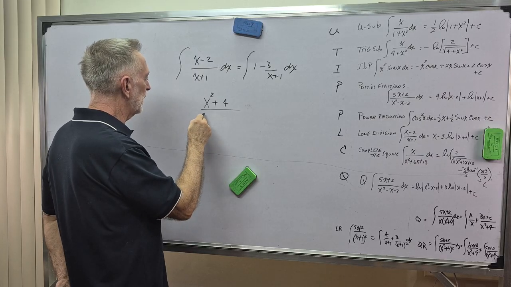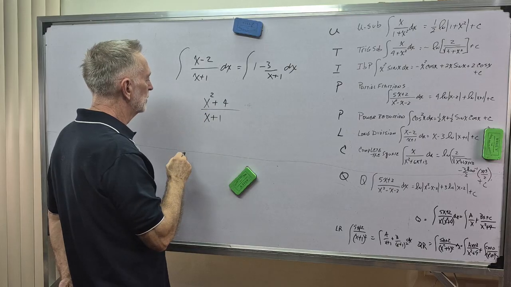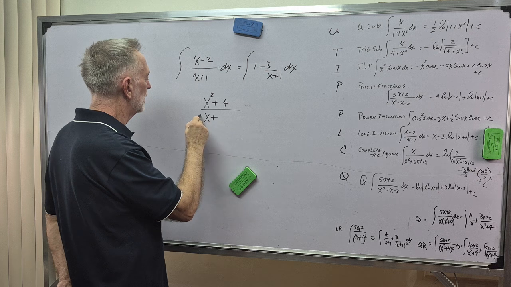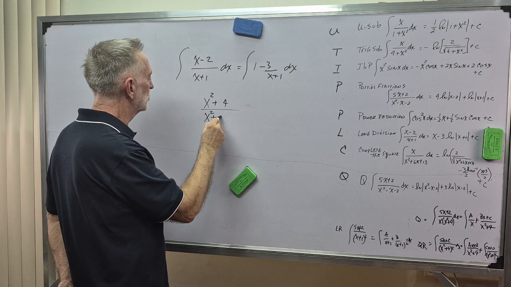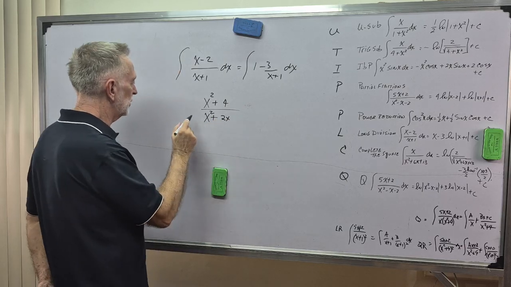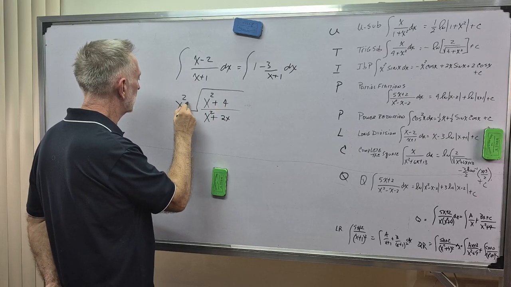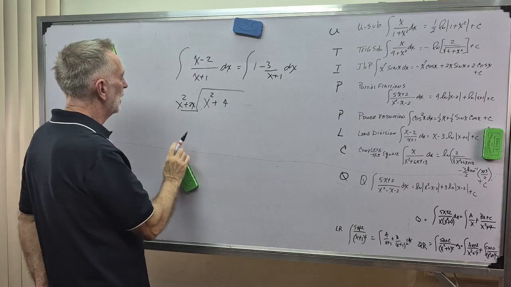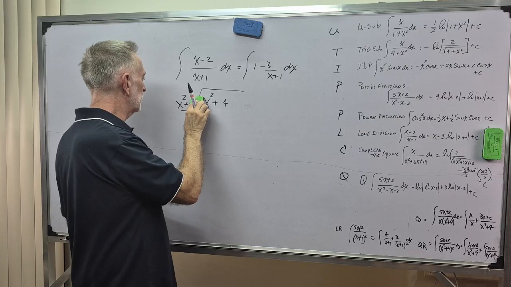Another rule would be if I have, let's say, x plus 1 and x squared minus 2x. Okay, let's see what this works out to be. The other rule would be, let's just do it this way.